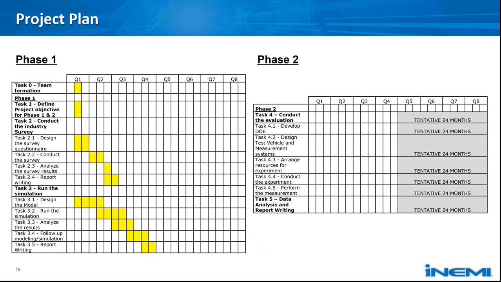And then in terms of how we envision this project to proceed is outlined on this slide. In phase one, we expect the industry survey defining the scope and objective to the next level of details, that to take about a quarter or so. And in the meantime, we will start comprehending the survey results and reporting the survey results from the low alpha material.